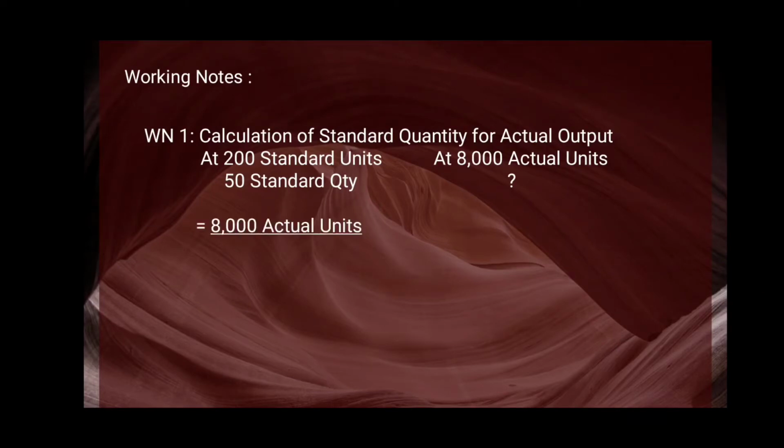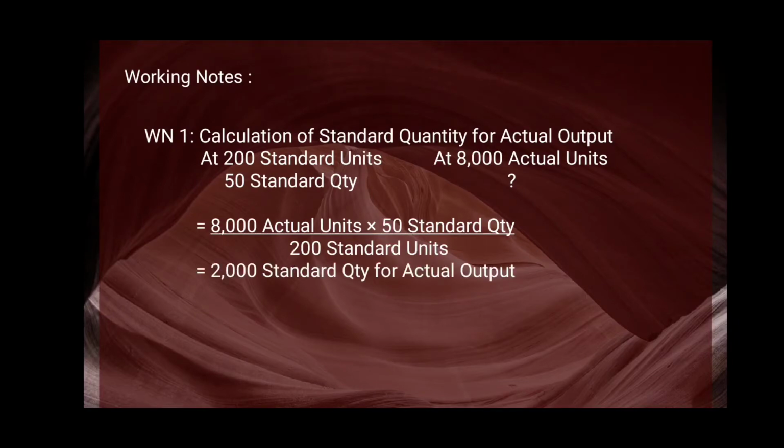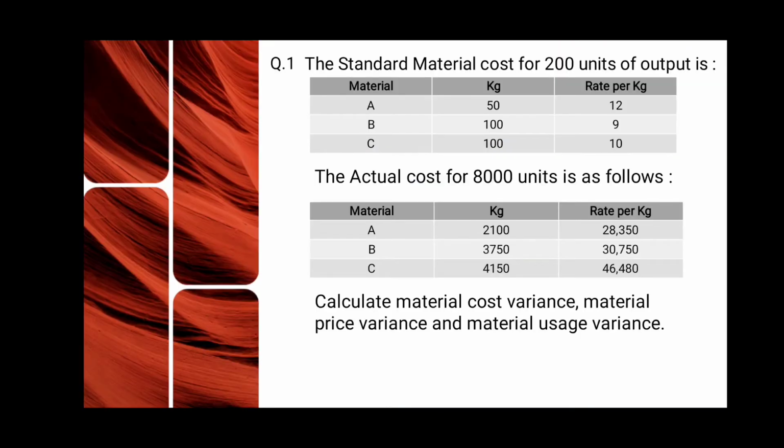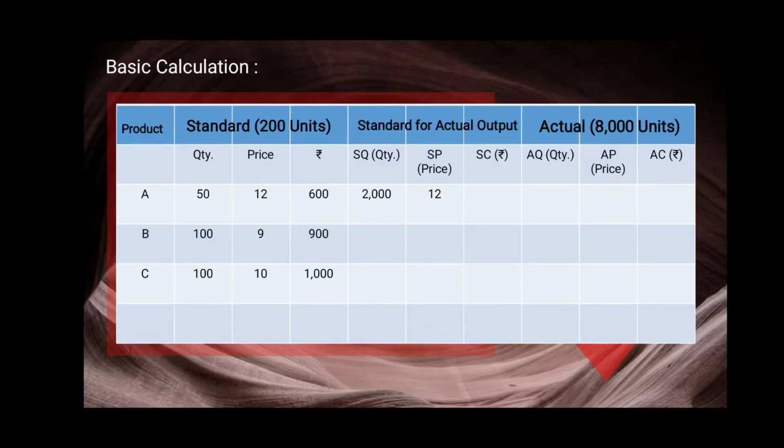So let us calculate 8000 actual units into 50 standard quantity divided by 200 standard units, which will be equal to 2000 standard quantity for actual output. So we'll record it: standard quantity as 2000, rate per kg is given as 12. So the standard cost amount will be 24,000.